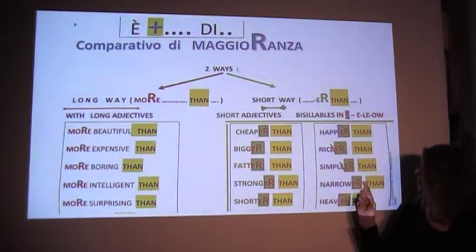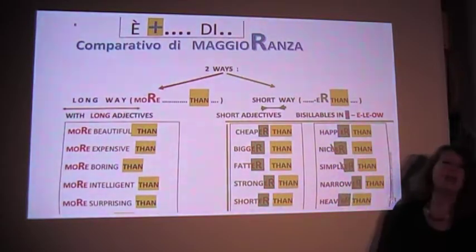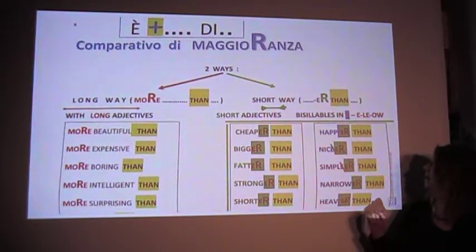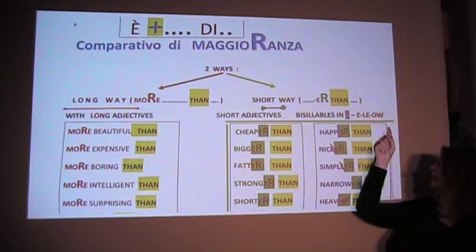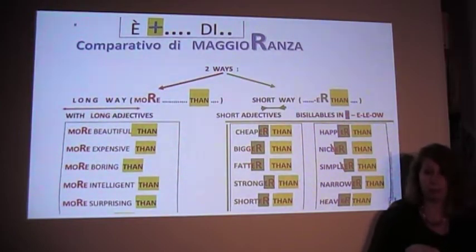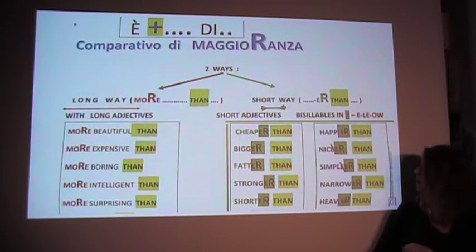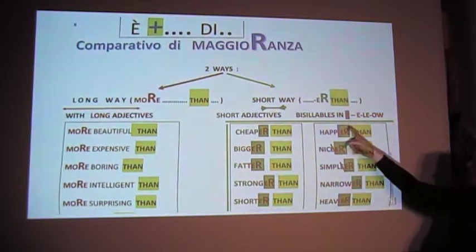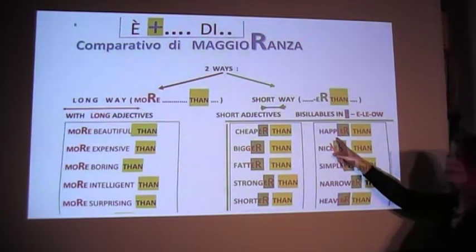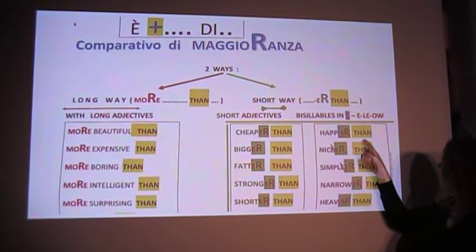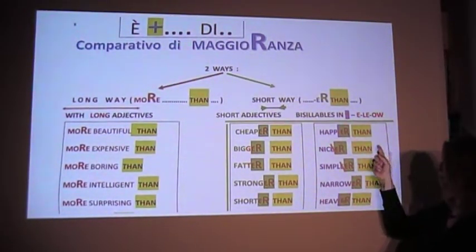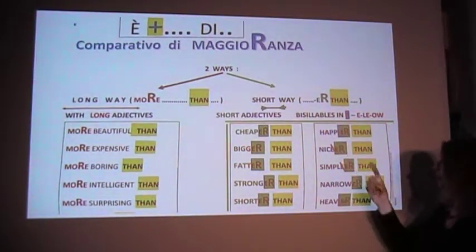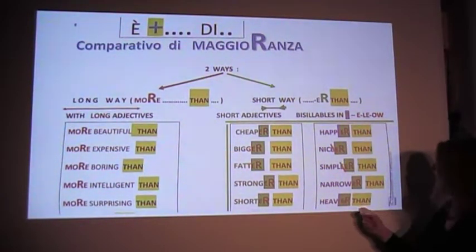In fact, when they end in y, or e, or le, or ow. For example, for adjectives ending in y, you change the y in i and that is always followed by than.